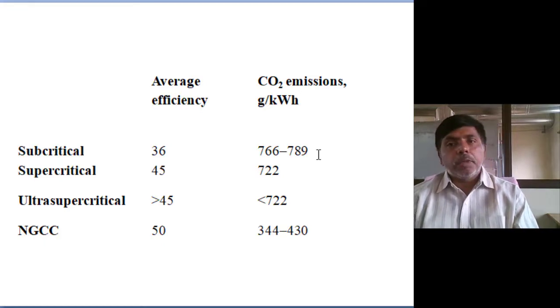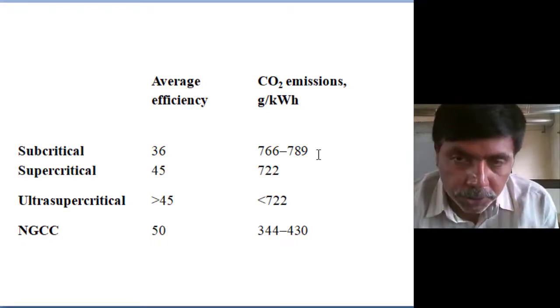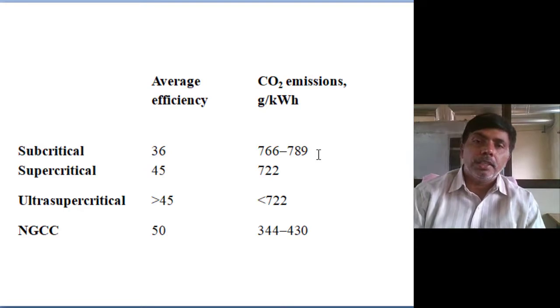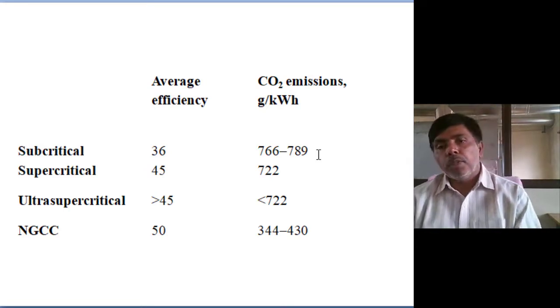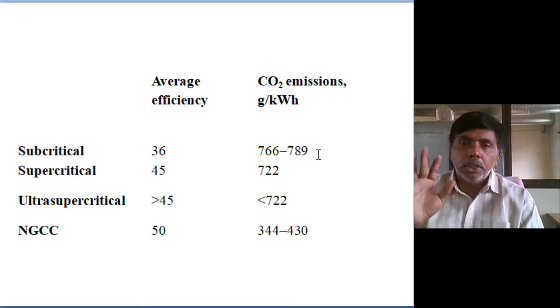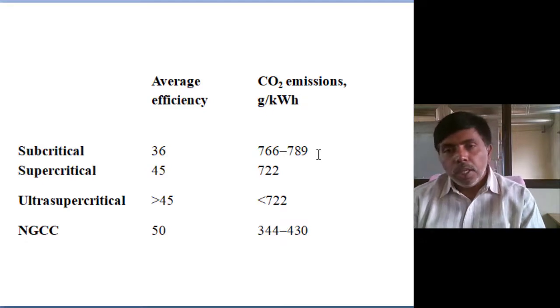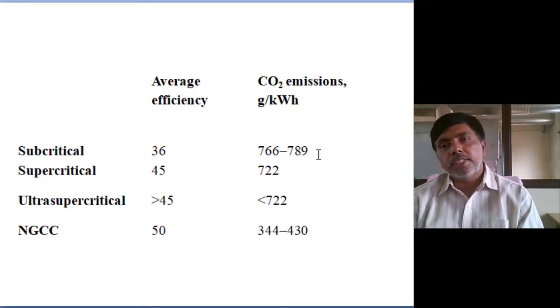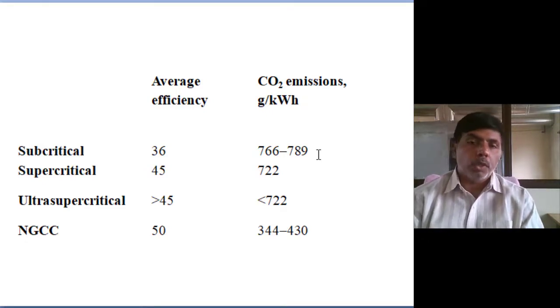Ultra supercritical thermal power plant, more than 45, up to 50-55 also we can achieve based on the operation of the pressure range. Means more than 250 we are starting, up to 300 we are moving. But more than 45 is assured efficiency. The CO2 emissions also are less than 722 grams per kilowatt hour.